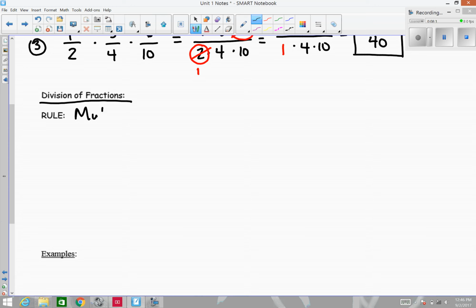We're going to change our division problem into multiplication, but we're going to multiply by the reciprocal. And if you don't remember what a reciprocal fraction is, it's just the fraction that we start out with, only we switch the numerator and the denominator.